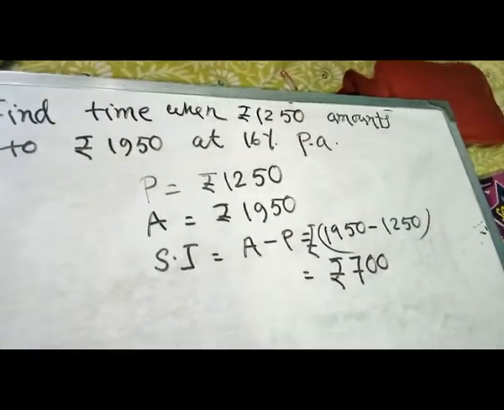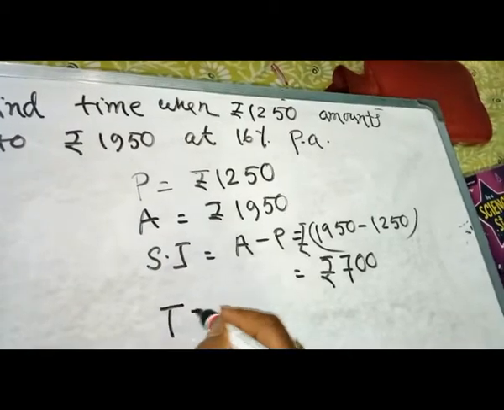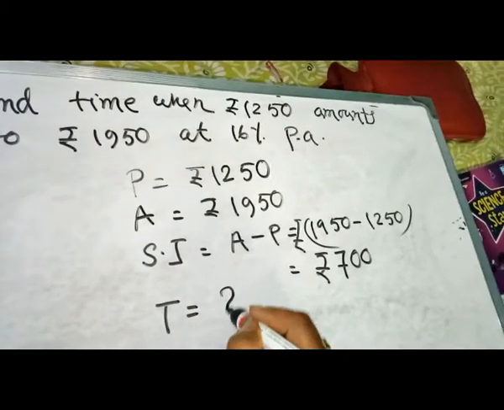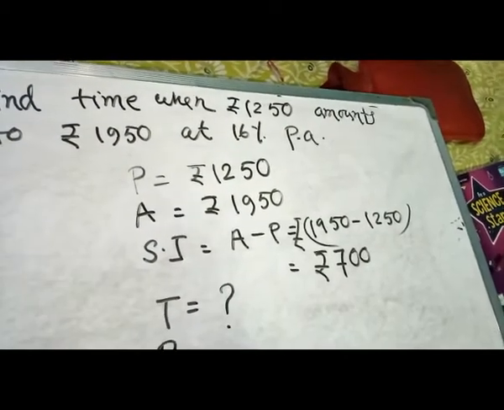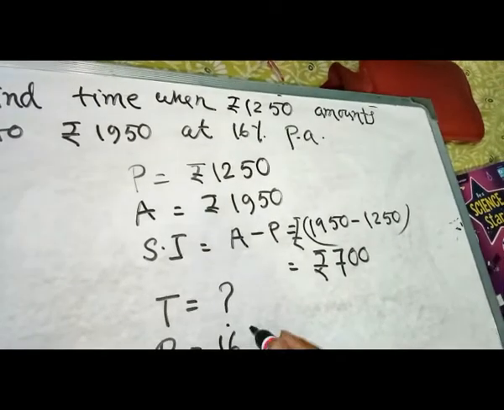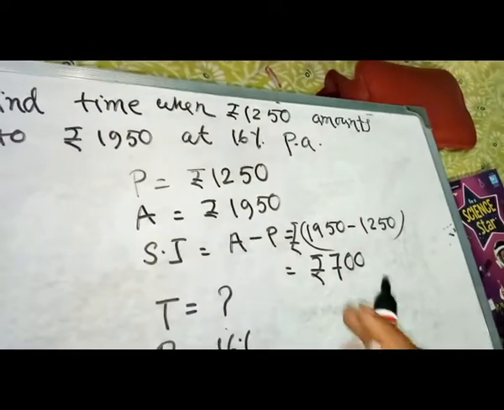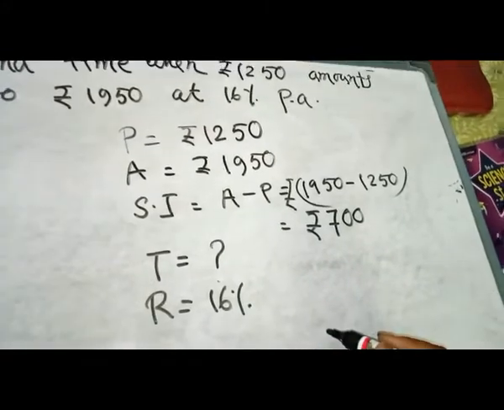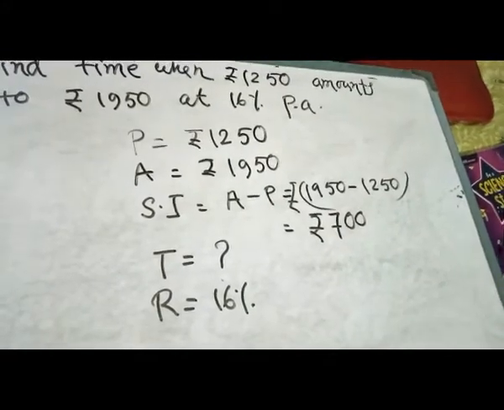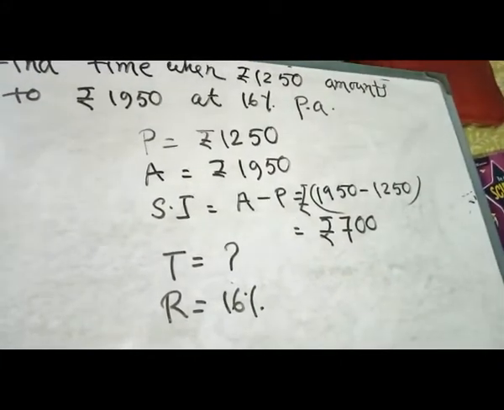Now which thing do you have to find out? Time you have to find out, when the rate of interest equals 16%. Now which formula? Can you remember the formula? I have written 4 formulas regarding this sum.